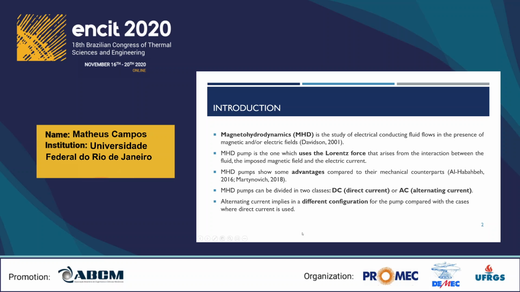But the use of alternating current implies a different configuration in order to achieve unidirectional flow and prevent backflow. So it can cause some implications in the flow, and the principal aim of this work is to evaluate the influence of the alternating current over the flow.